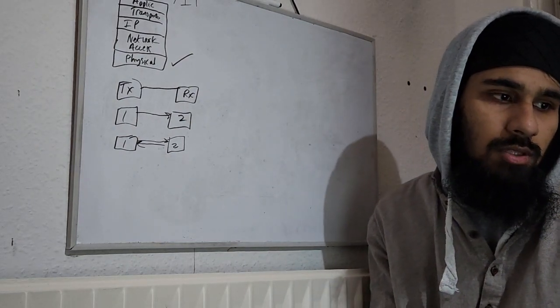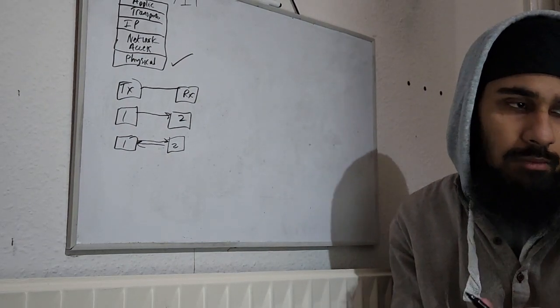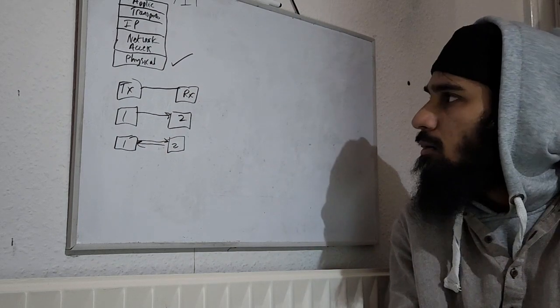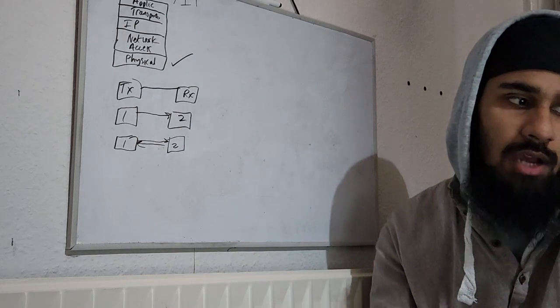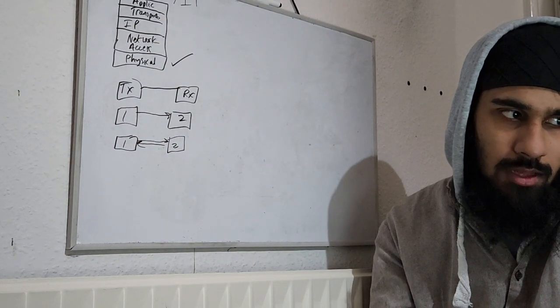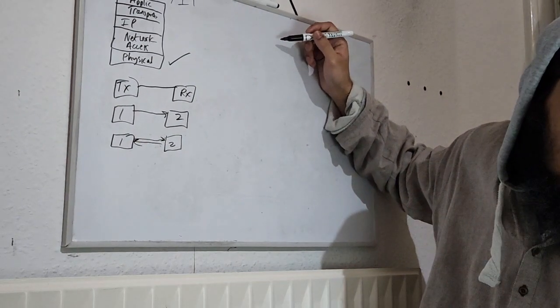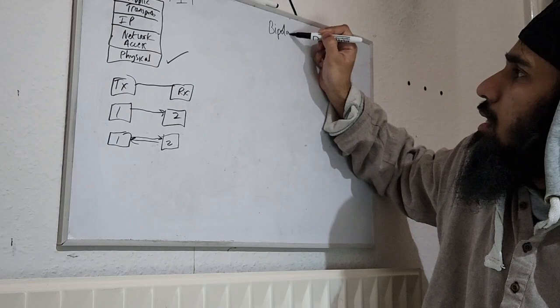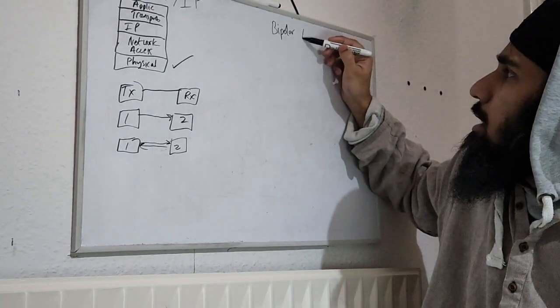So you have a multi-level binary. So here, before it was 0 and 1, now we're going to add another level. This first one will be bipolar AMI.